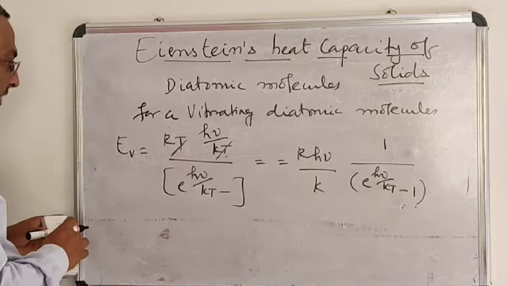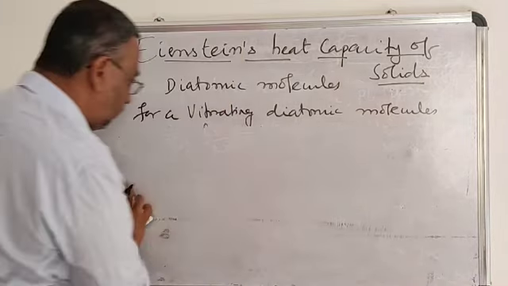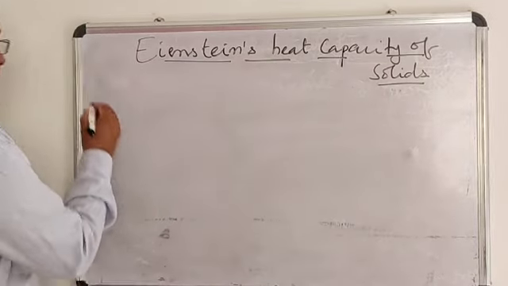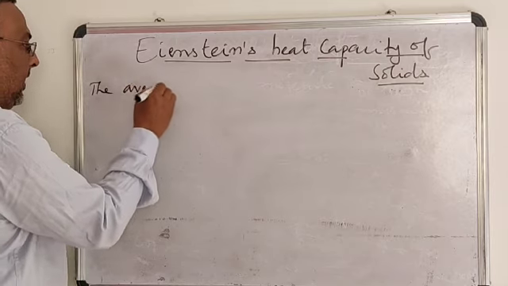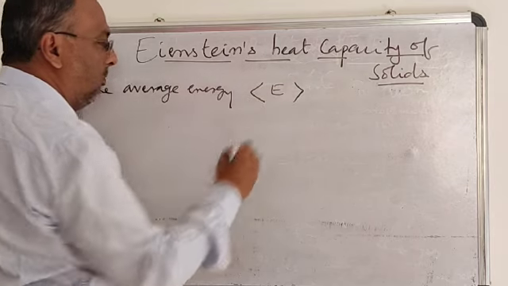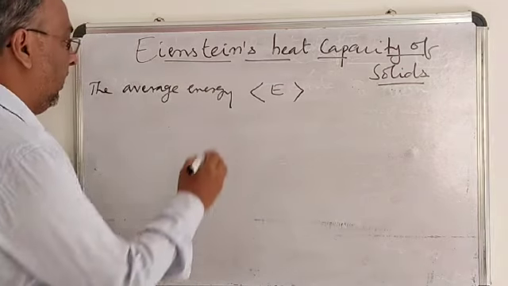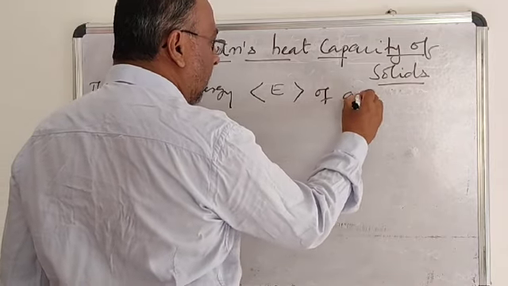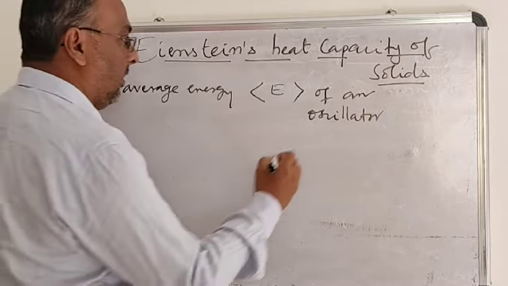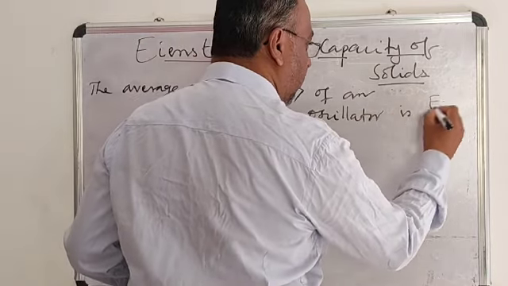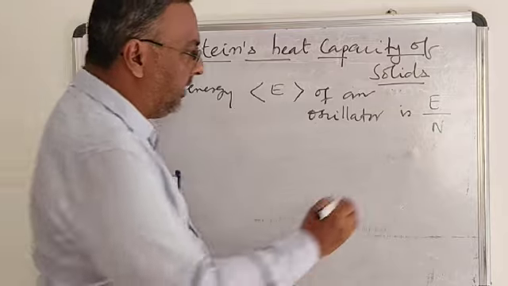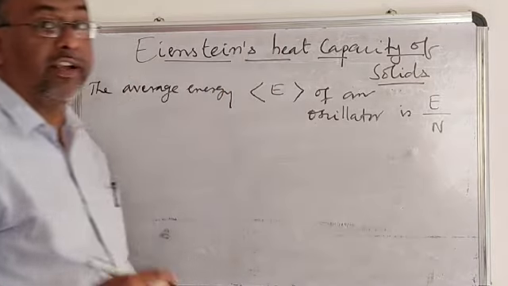The average energy of an oscillator is represented as modulus E, that is E by n. What is it? The energy of vibration divided by the total number of atoms in a crystal.